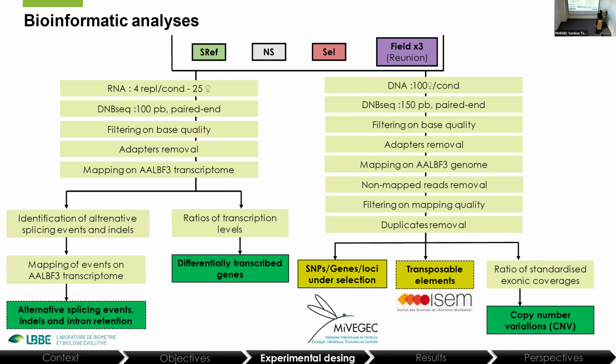Then we filter those reads on base quality and remove adapters. And then we map those reads on the AalbF3 transcriptome. And we use those reads for 2 things: to identify alternative splicing events and indels.